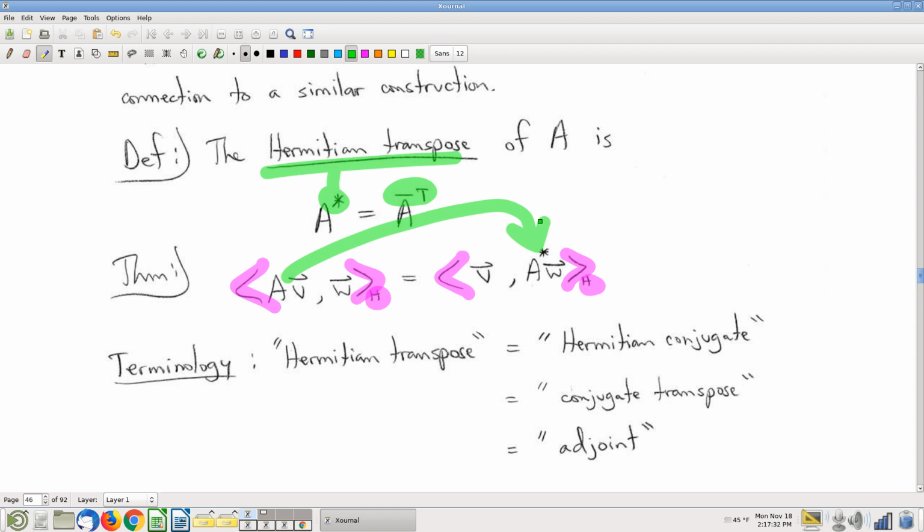No. That's a conjugate. Yeah. So it's the conjugate of the transpose. Yep. And so let me just remind you.